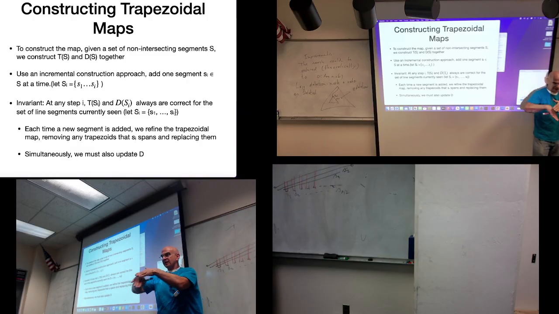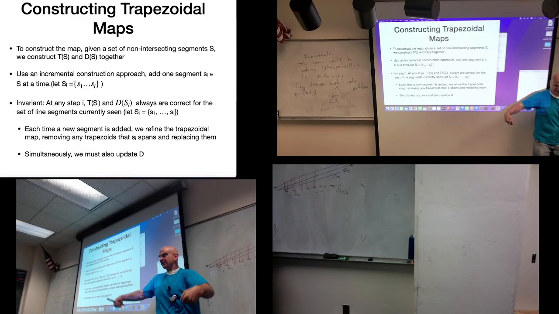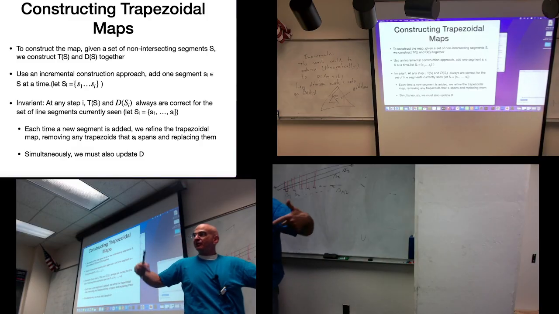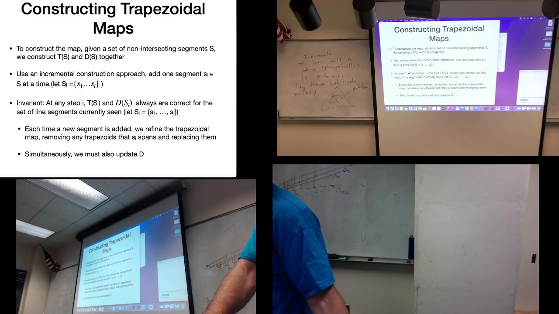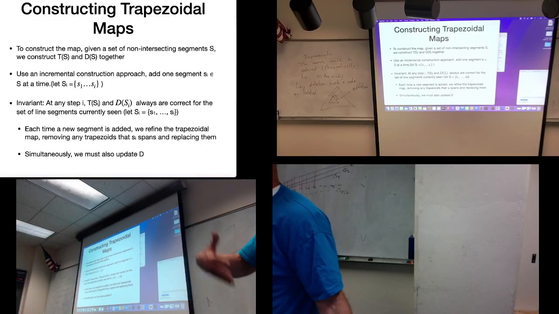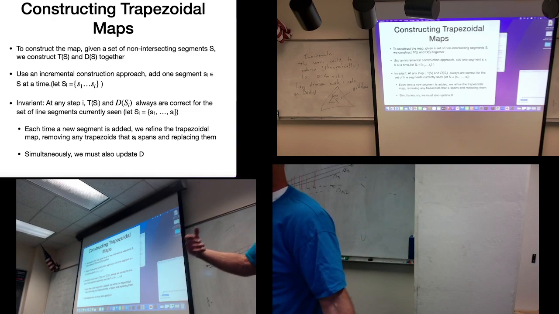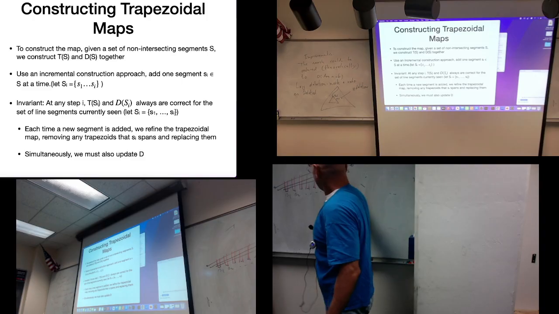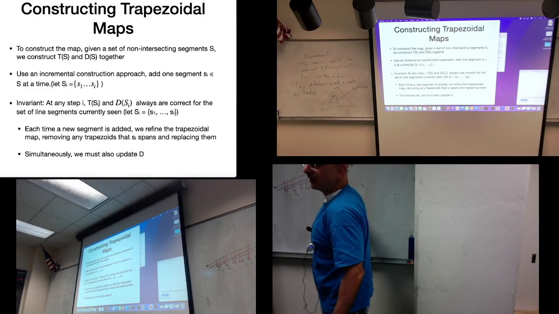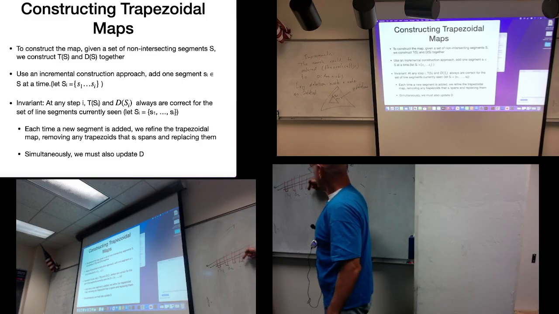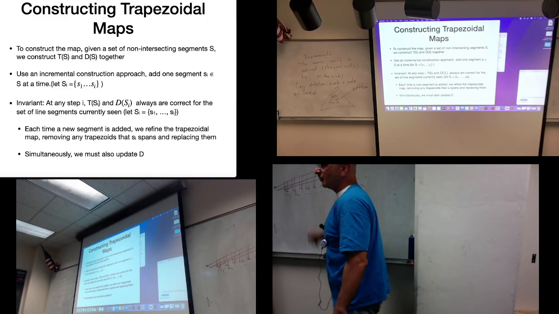Each segment touches, on average, a constant number of trapezoids, meaning that if I add it at random, it will only create a constant number of changes. A linear number of trapezoids divided by a linear number of segments implies every segment, so this one, touches on average only a constant number of trapezoids. That's the number of changes that will happen if I add the segments in random order.